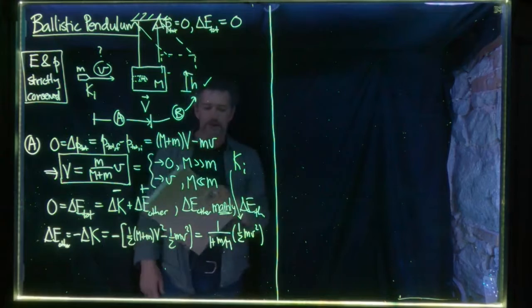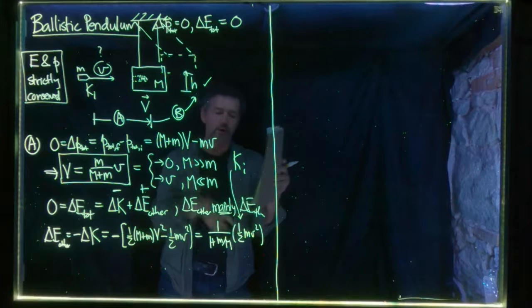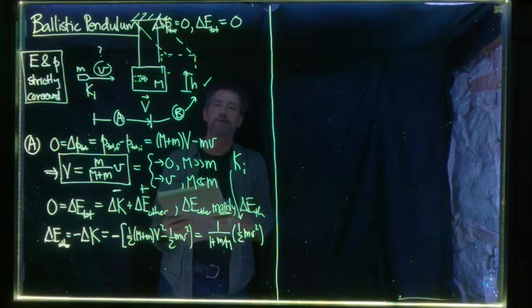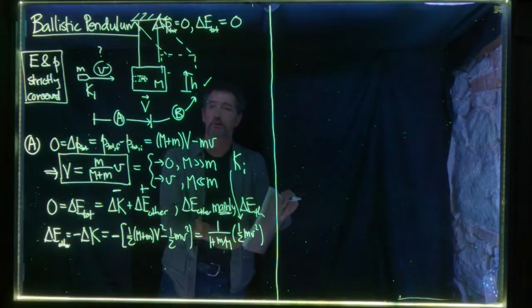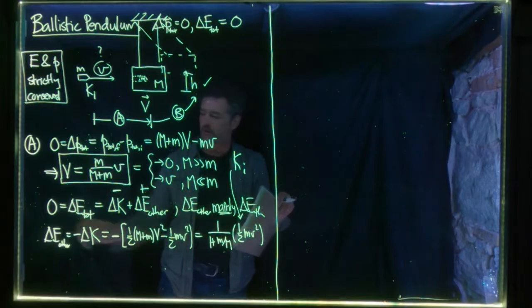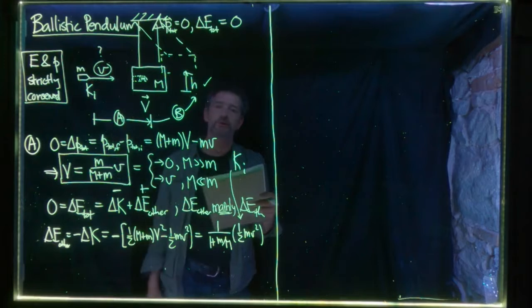Okay? And now here's a really important point. In physics, we don't care about this number. What we actually care about is typically ratios. When you ask, is that a lot of energy or a small amount of energy? Who knows? What you want to do is compare the amount of thermal and other energy generated to the original kinetic energy in the system.